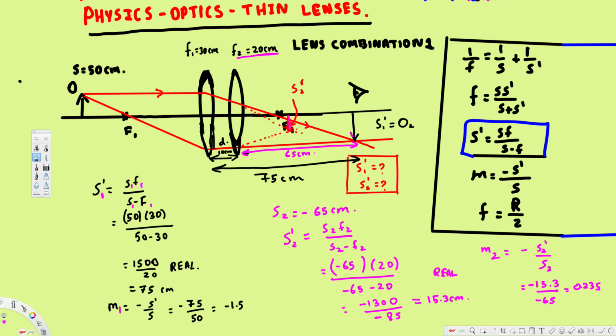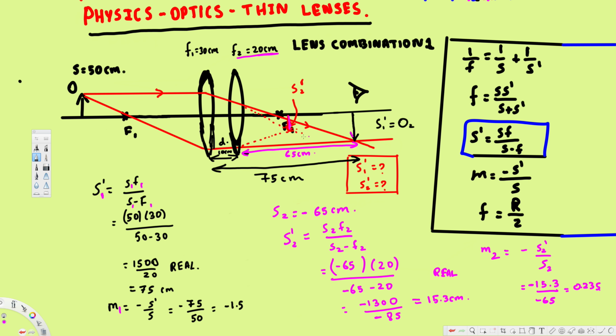So the new image is going to be 0.235 times smaller than the big image, right?